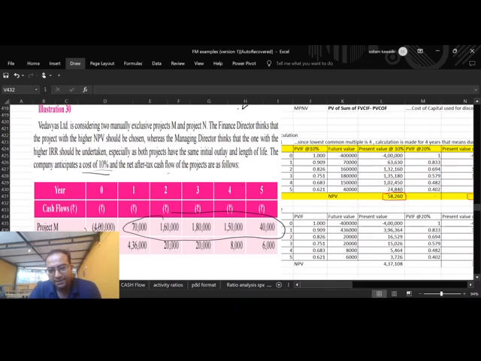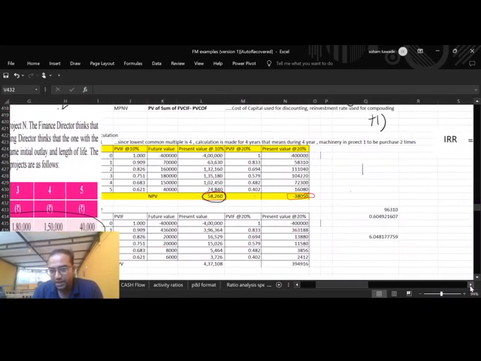So at the rate of 10%, the NPV of project M, this project, is 58,260. All right, that is positive. And at another rate, NPV of this project is negative, that is minus 38,000 at 20%. All right.